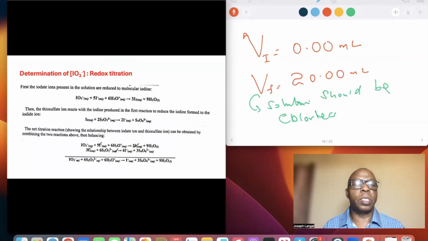With this, the titration equation, this is the balanced titration equation. Take note of the mole ratio between the iodide ion and the titrant thiosulfate. It is 1 to 6.